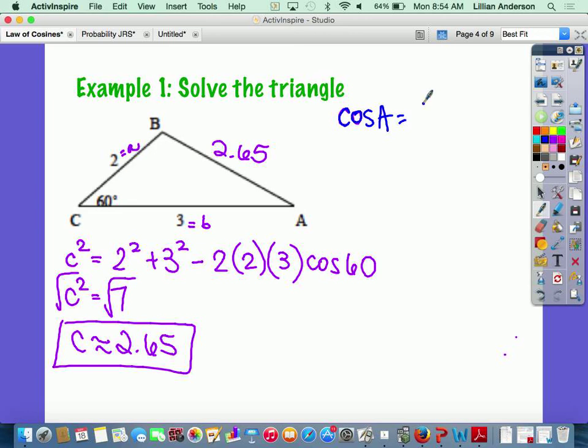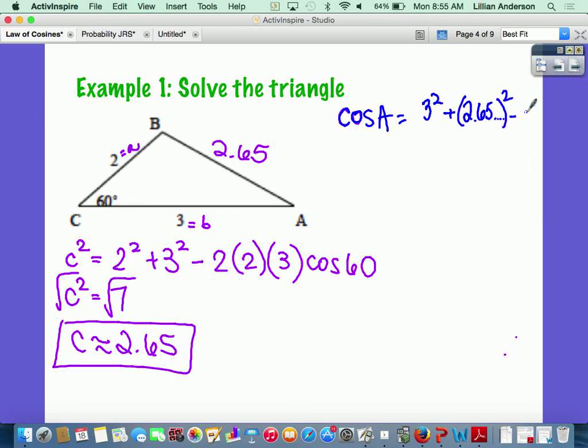B squared, so 3 squared, minus 2.65, or whatever decimal we still have in our calculator, squared, minus 2 squared, because it's A squared, so that goes on the end, all over 2 times B times C. Okay, so we go and we type that into our calculator.